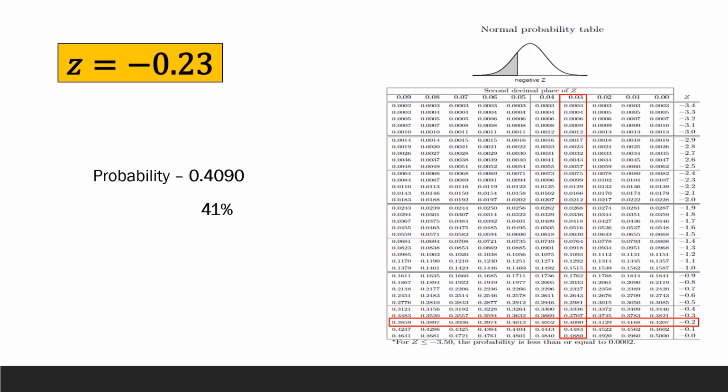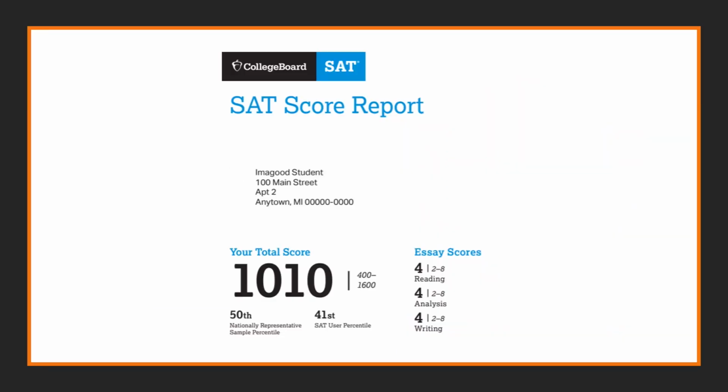Hence, a z-score of negative 0.23 corresponds to the 41st percentile. A score of 1010 hence corresponds to the 41st percentile. From this picture, we see that our calculated percentile exactly matches the SAT user percentile mentioned on this SAT score report.